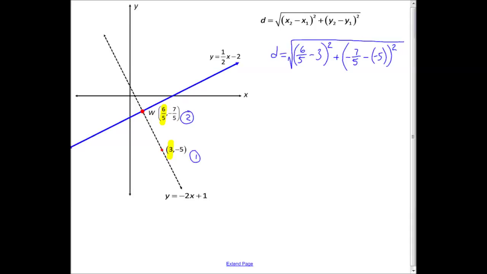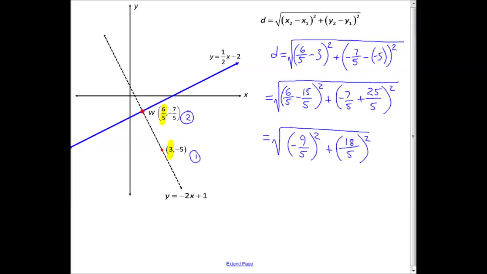So, our first simplification. Here I've given everything a common denominator, so I can combine my fractions. Next step. And now I just need to square and combine. Squaring gives me this, and combining results in the square root of 405 over 25.